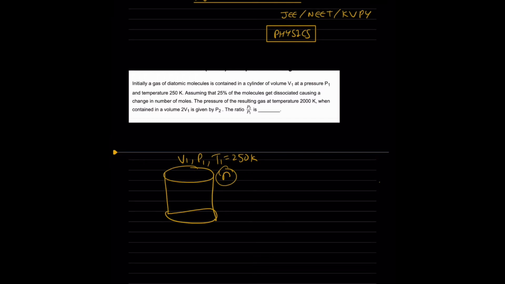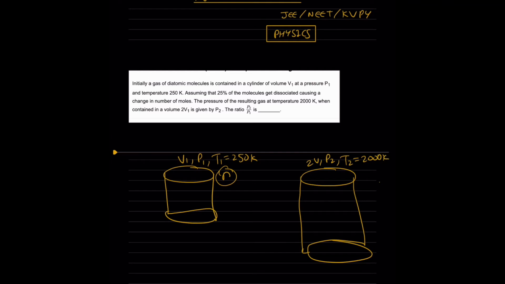So those dissociated molecules will convert into twice the number of moles. Getting it? So first I'll draw the second situation. The volume is double the volume of the initial one, so let's say this is the volume 2V1. Over here the pressure is P2 and the temperature they've given us is 2000 Kelvin. So let's call T2 as 2000 Kelvin.